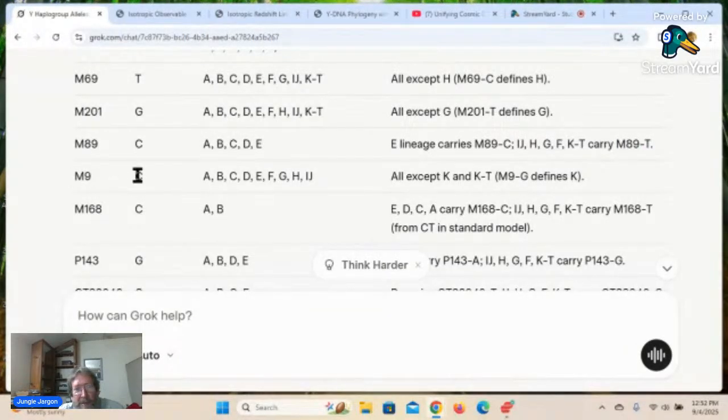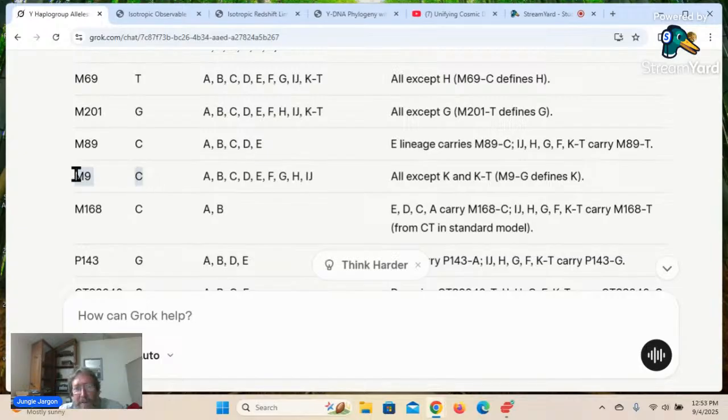Okay, so M9C is the SNP. But that would be original then.